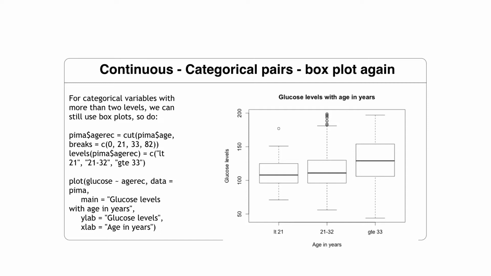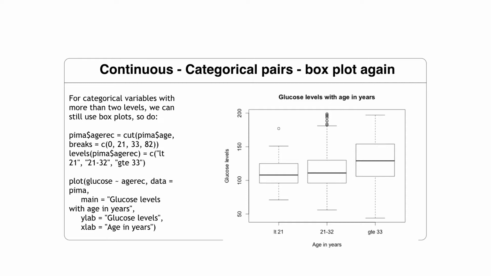Again we are looking at glucose levels, but this time based on age in years. And here you see that, once more, the older participants in the study had higher glucose levels.